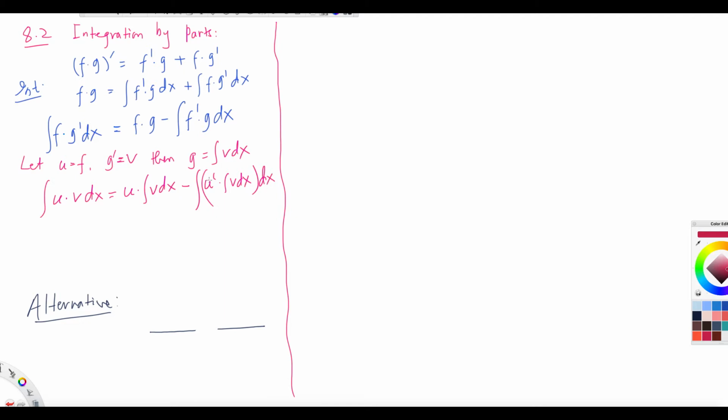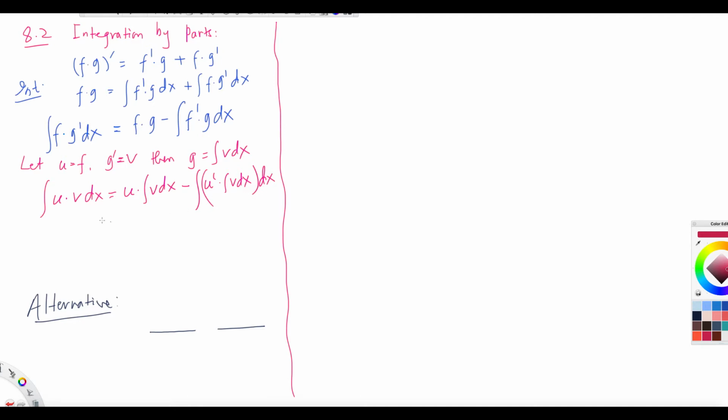Meaning that if you have the product of two functions and you want to find the integral of the product, then the formula is u times the integral of v, minus the big integral, inside that big integral the derivative of u times the integral of v dx.